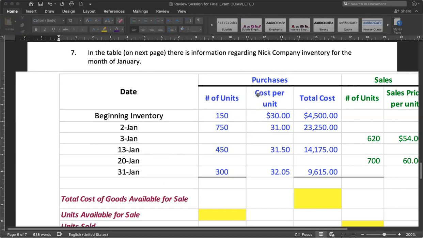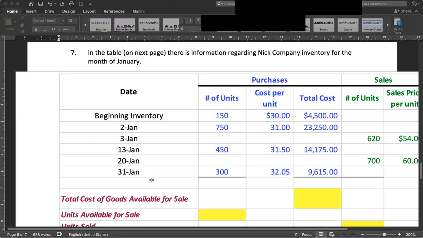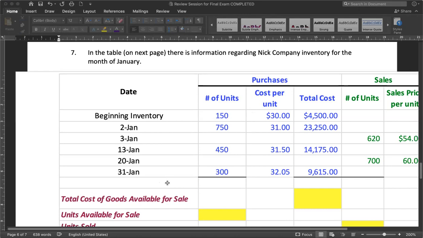The sales. This is the number of units and how much they sold each unit for. So they sold 620 plus 700 units during the month. And so when we add those up, we see that they sold 1,320 units.